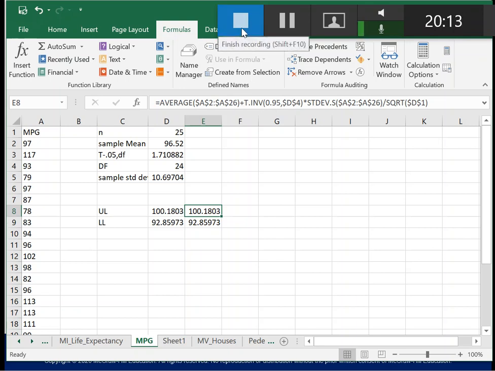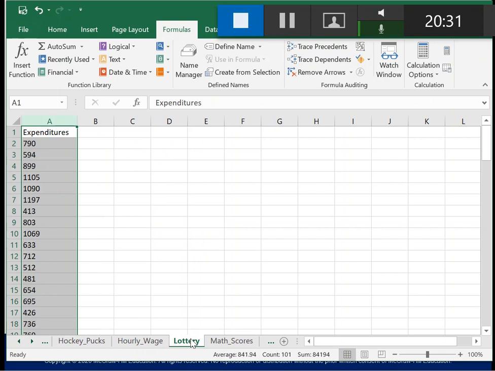Now, we did not go over this, but in your textbook on page 272, there's example 8.6. It's about Massachusetts residents that are spending money on the lottery. And in fact, if you go over here in your Excel spreadsheet, you'll find that you have a tab or a worksheet for lottery. So we didn't go over this one together.